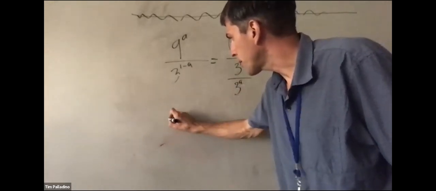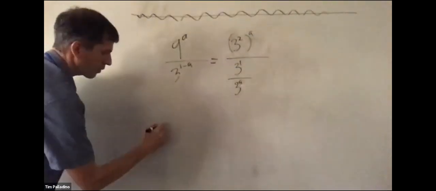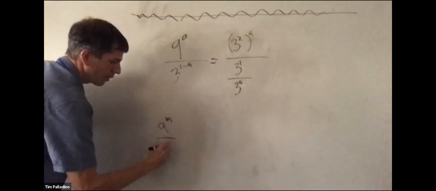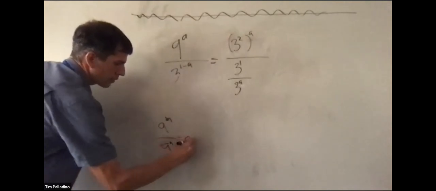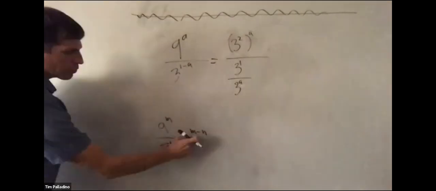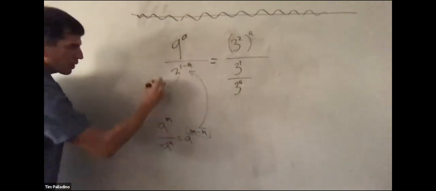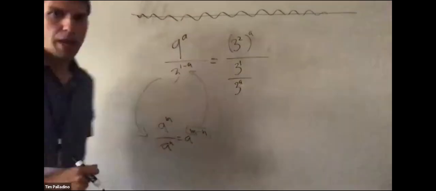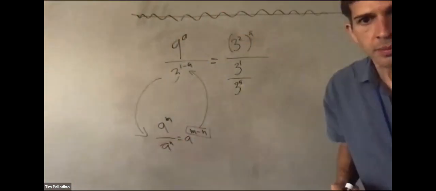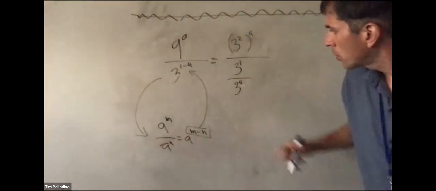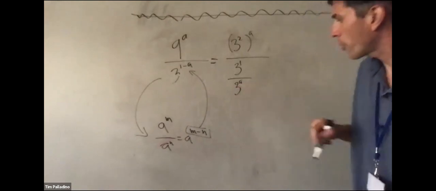Like our rule, going from a to the m power. Remember, if you see something that looks like this, they're trying to tell you to think of it like that. And so this is an a power.